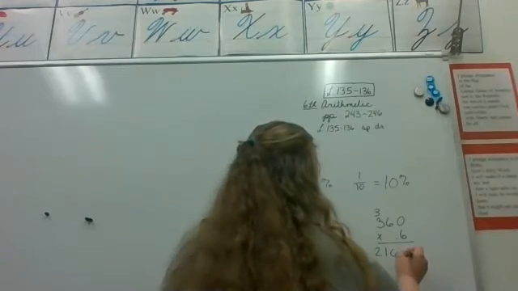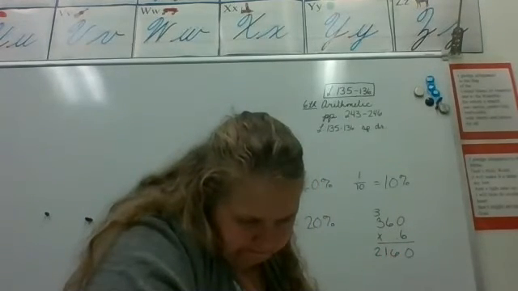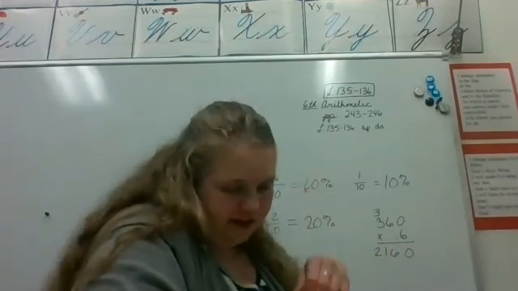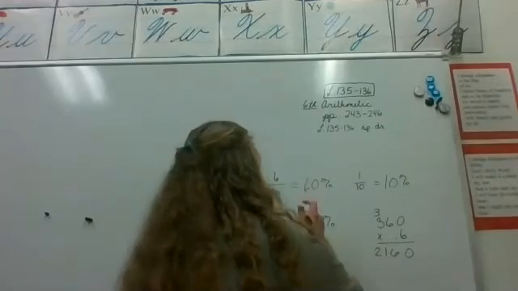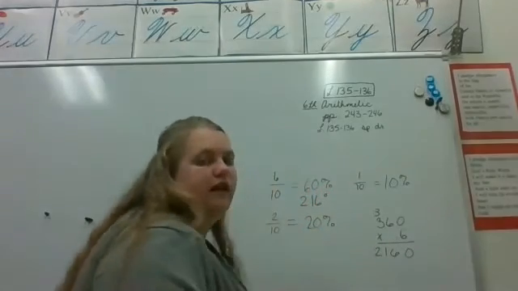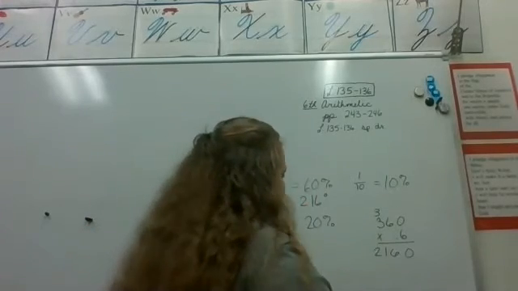Let's see. Oh, no, we don't. 216 degrees. I'm sorry. 216 degrees is the correct one. That one is bigger than 180. That's the one that's going to be left over.